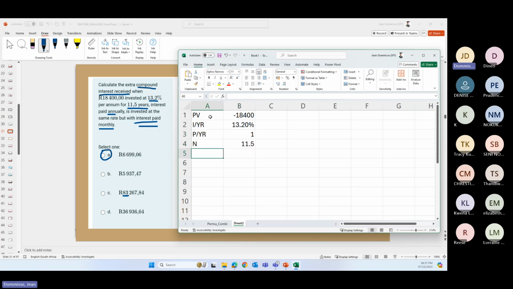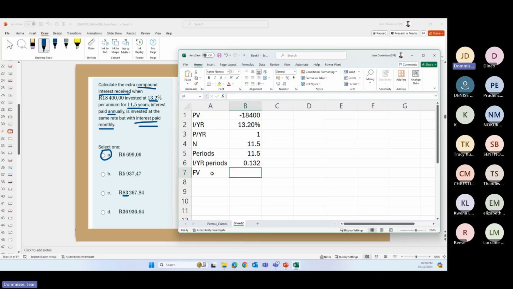So the periods for the year was one time that, so it was 11.5, and our interest rate for the period in this instance was the same. And then we wanted to work out the future value.